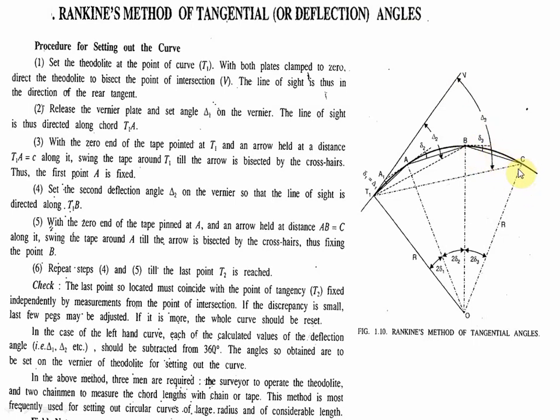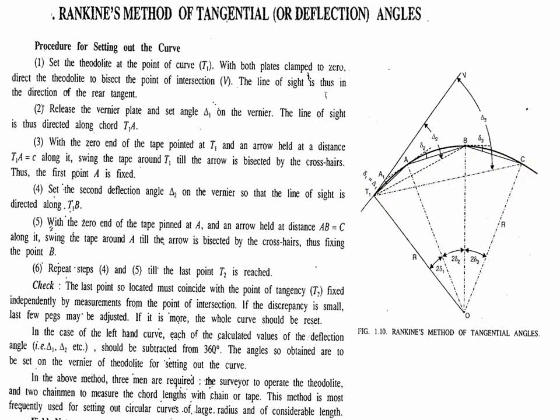Hold the arrow at the end of the length and swing it. When that arrow is bisected by the theodolite, fix that point, and that is our point C. Continue the same procedure. To check, the last point so located must coincide with the point T2.